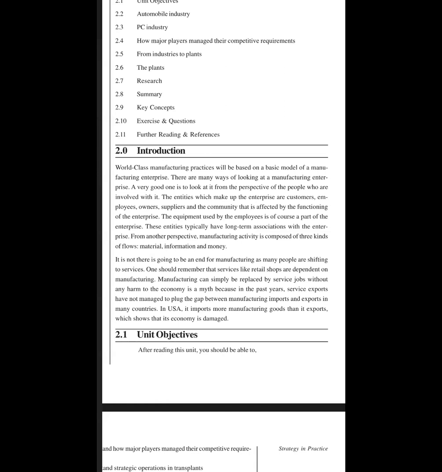If the product is not good, definitely you have to face a problem in future, because the sales volume can be reduced if the machines are not working properly, right? This is a kind of equipment the company has, so employees are going to use that equipment to convert raw material into finished goods, right?